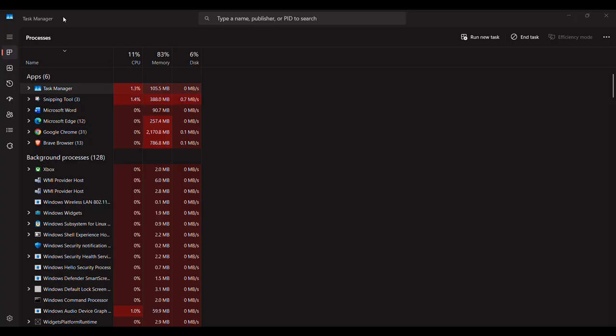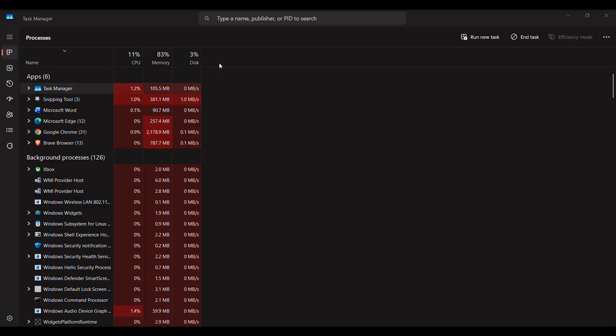Task Manager is one of the most commonly used Windows monitoring utilities. It provides real time visibility into processes, performance, startup applications, users, and system resource utilization. This section displays all active processes and their resource consumption.